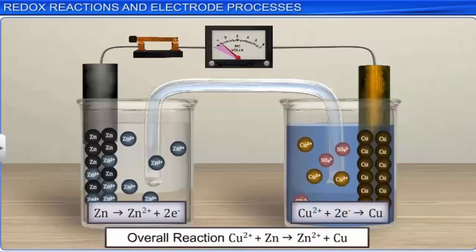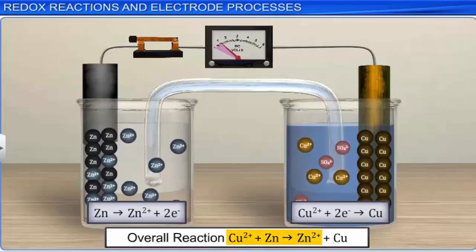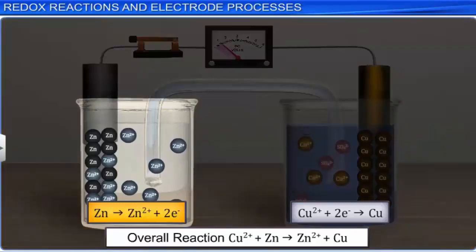The overall equation for the reaction is: Cu2+ ions react with zinc metal to form Zn2+ ions and copper. Note that Zn loses electrons and undergoes oxidation, and hence the beaker in which the zinc rod is immersed in zinc sulfate solution is called the oxidation half cell.